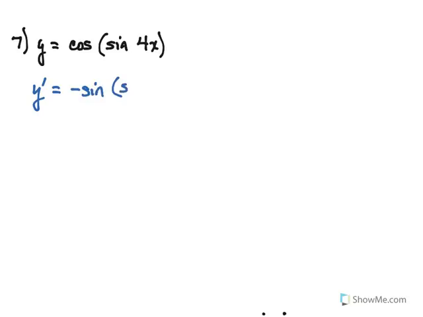And for now, we keep the sine of 4x. Remember our rule, one derivative at a time. Right, now we're going to take the derivative of the sine part. All right, and we know derivative of sine is cosine. And we just keep the 4x, the argument 4x. Now we have one more to do, and now we have to do the derivative of the 4x, which is just 4.